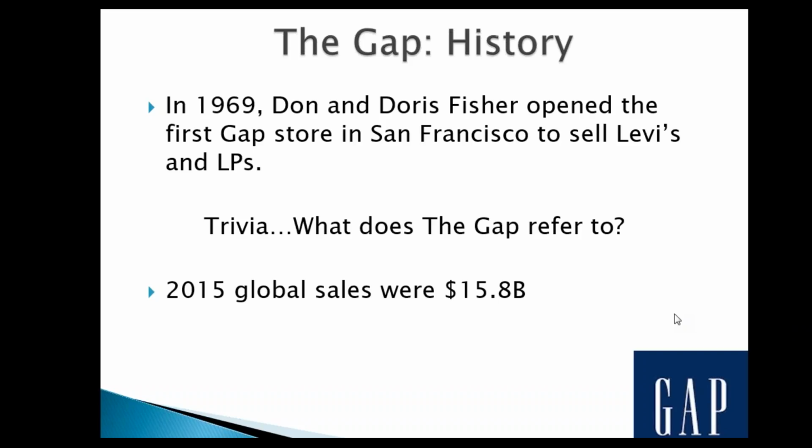So they literally did a music and jean shop back in the day. All those years later, the Gap is $15 billion in sales, probably about 16 billion in 2016. In all that time, they've been a very successful company.